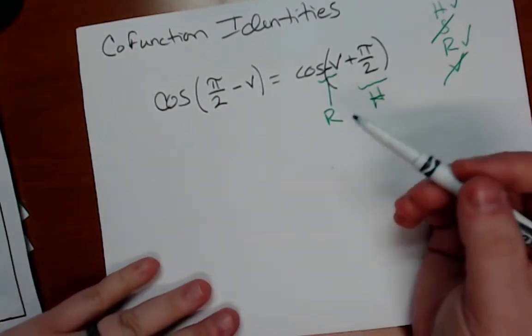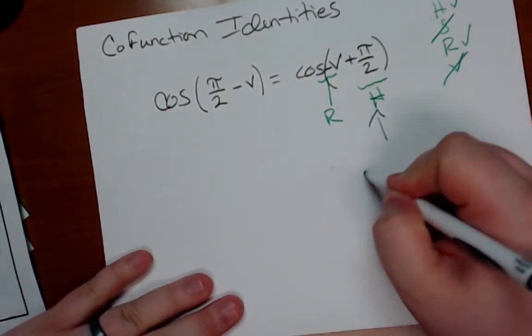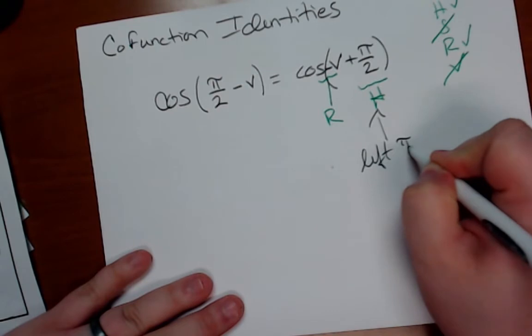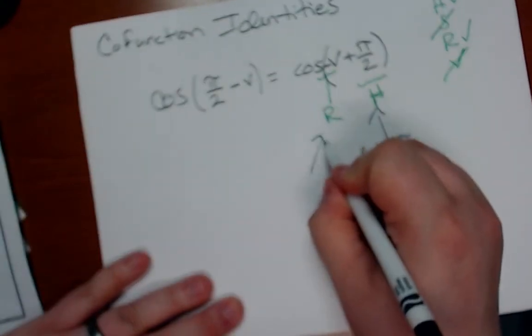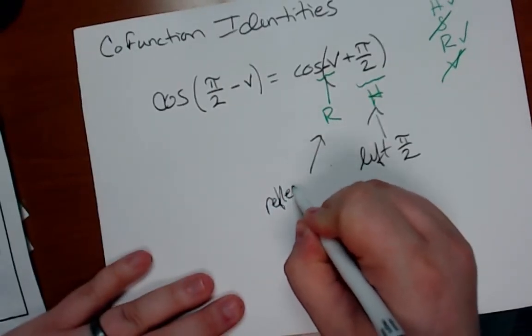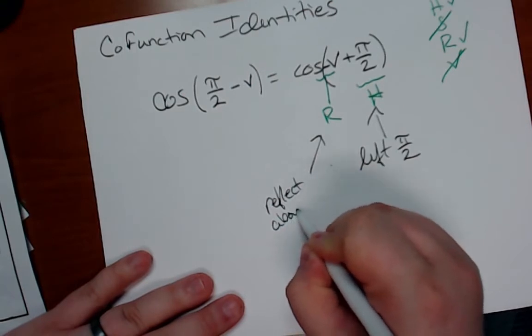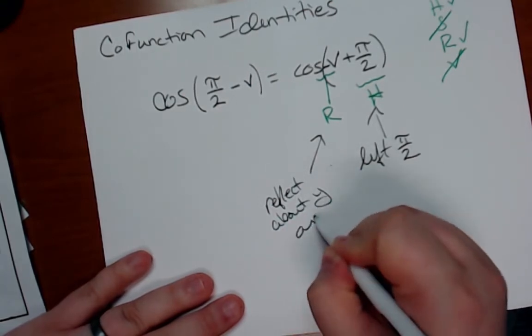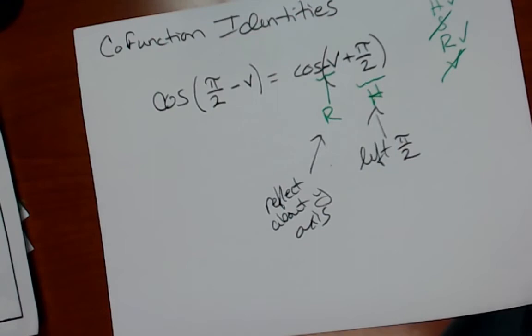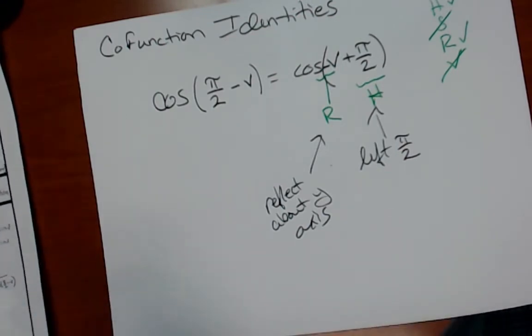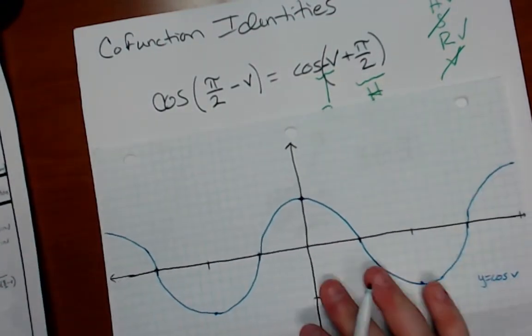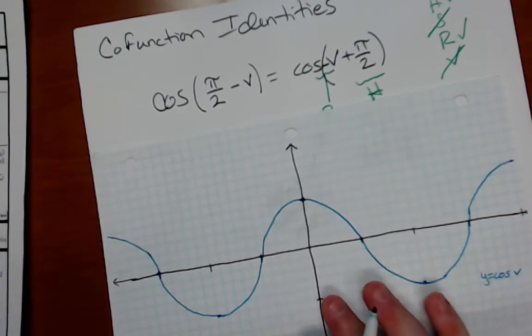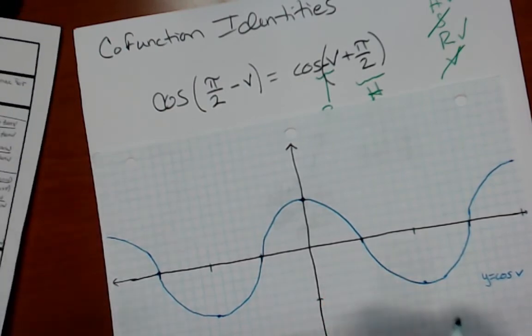So this says we shift left pi over 2 and reflect about the y-axis. So for this, I have our friend cosine of v.